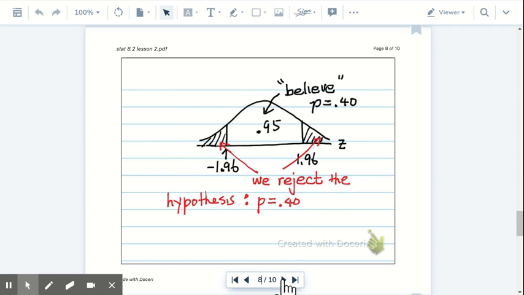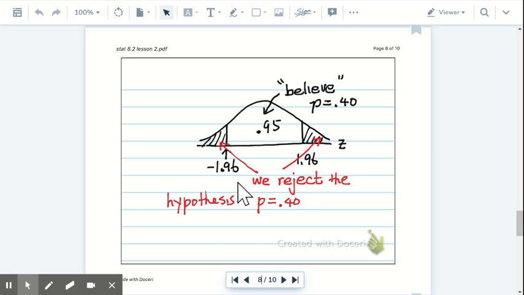So here's an example. Well, here's a visual of what I just said. If my p-hat lands in the middle, 95%, then we believe that actual proportion of people who get up before 8 is 40%.